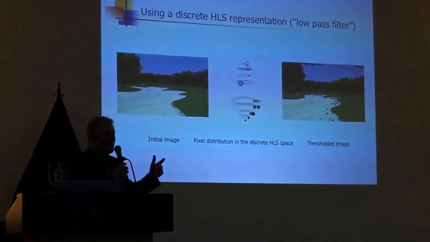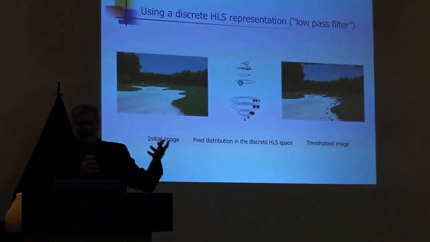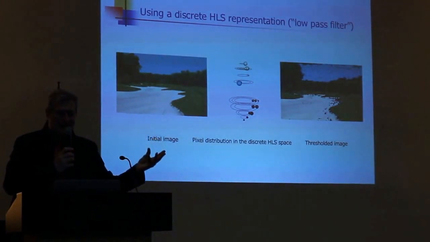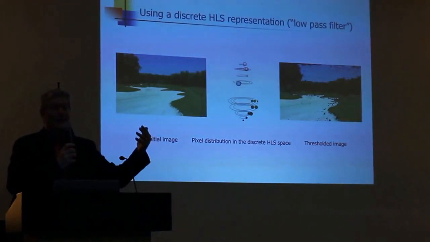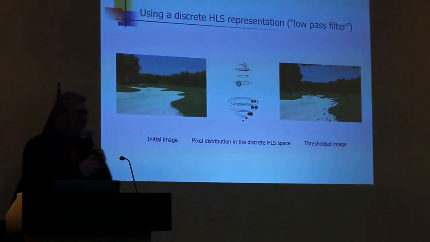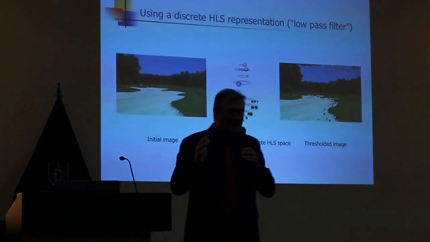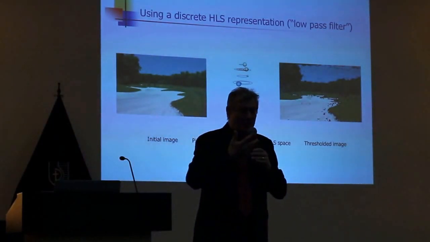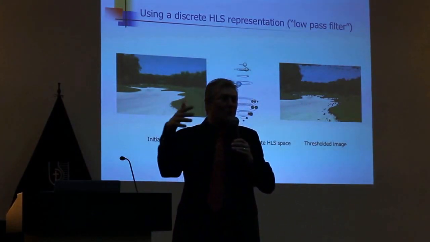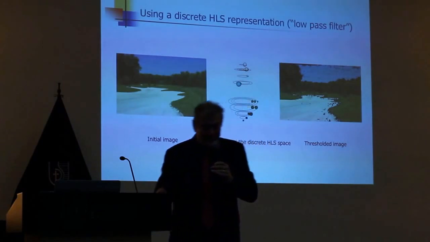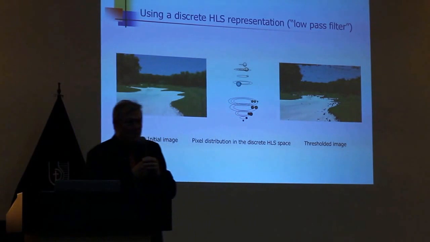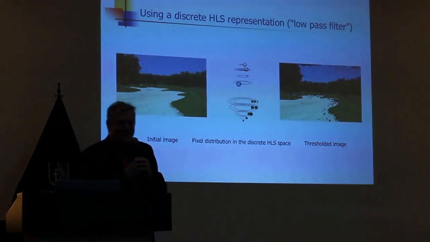On the left, you have the initial image. In the middle, you have a representation of the discretized and thresholded HLS digitized space. That is, we have a set of cells that provide a partition of the HLS space. We have a set of centers of the cells, or representatives of the cells, and in terms of visualization, we discussed scientific visualization yesterday.